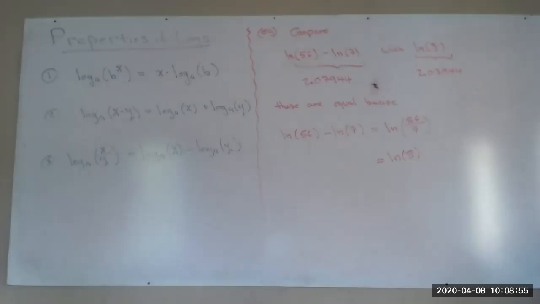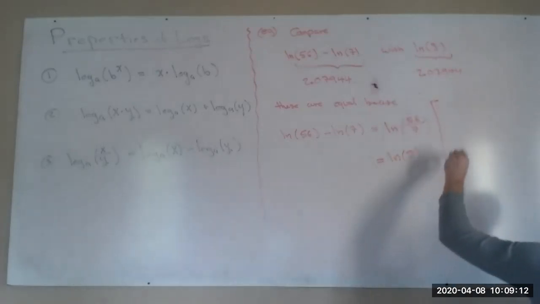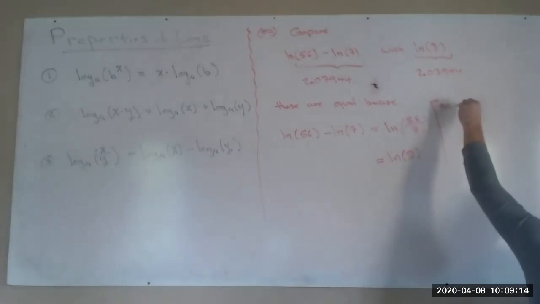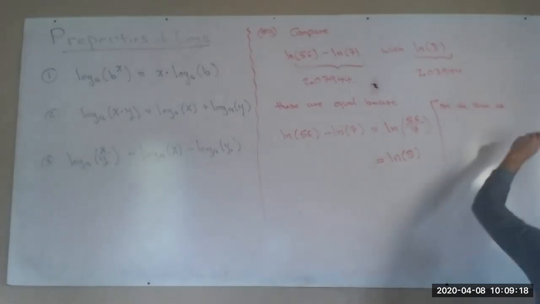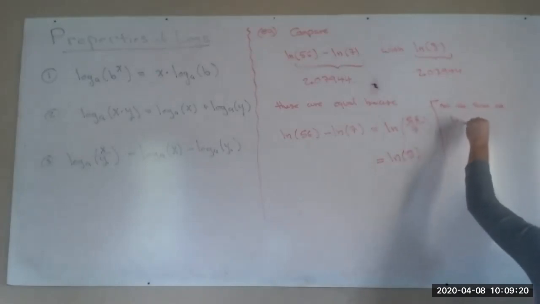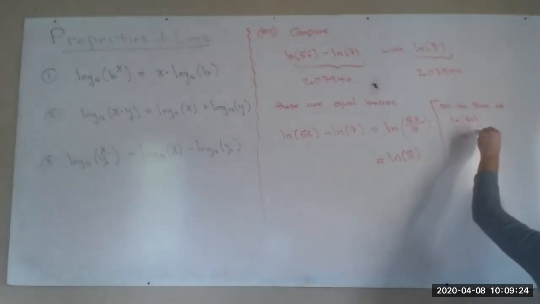It's important that we use these properties precisely as they're written down there. Meaning, here I have subtraction outside and division inside. I don't ever have division outside, all right? So this is not the same as ln 56 over ln 7.